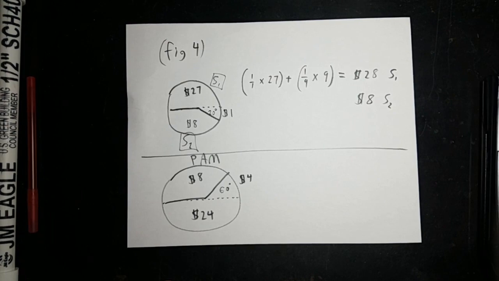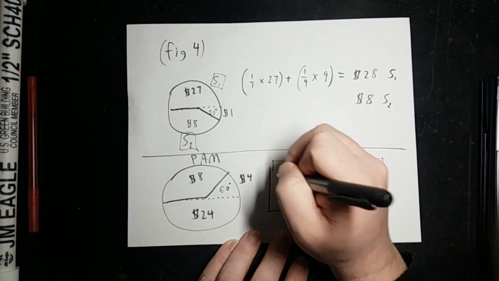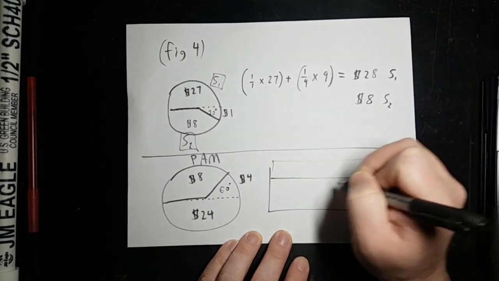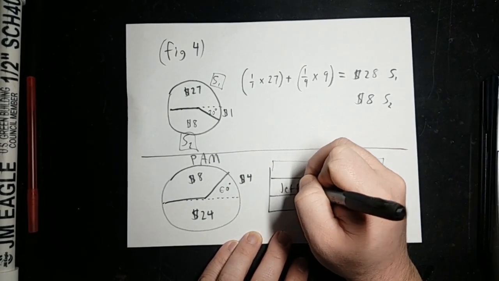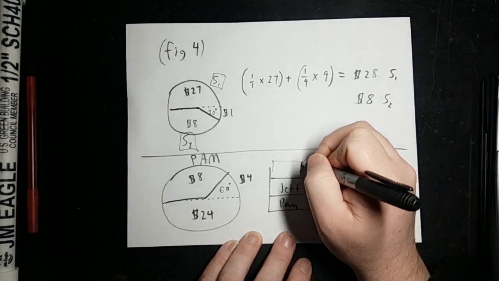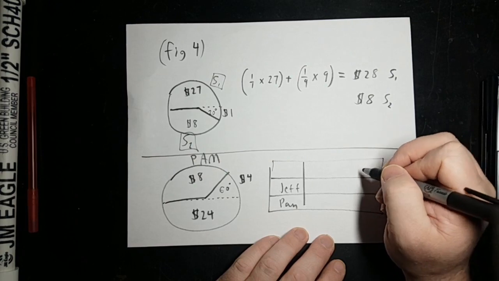So if I'm filling out this table, the value of slice 1, actually let me write out this table, it's a really good idea. Here we go. This is Jeff, this is Pam. Now this is figure 3, this is the way the figure 3 ended up being cut.